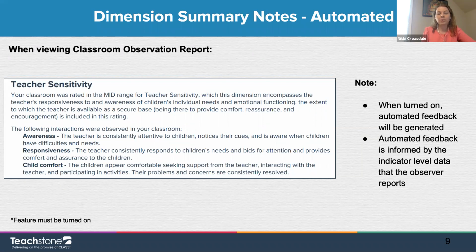And I would say too, there are lots of different options, so which of these summary notes might you turn on? For this third one, I think this could be helpful if the administrator is looking to have language that's more standard or maybe even class official in the report.